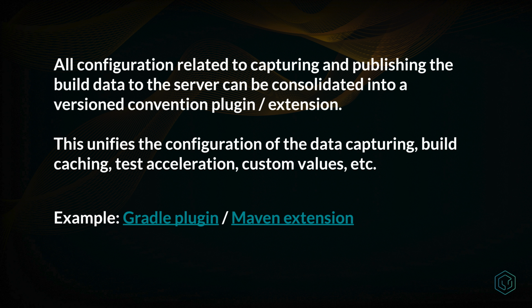Bundle that all up in code in a plugin or an extension, and then inject that to your build. Right? You can even version that, right? It's just a dependency, and then you can make changes, publish a new version. You can even automatically upgrade to these versions, and then everything is nicely bundled. And of course, if you have a lot of projects, they reuse exactly the same configuration. We have examples for that linked here.